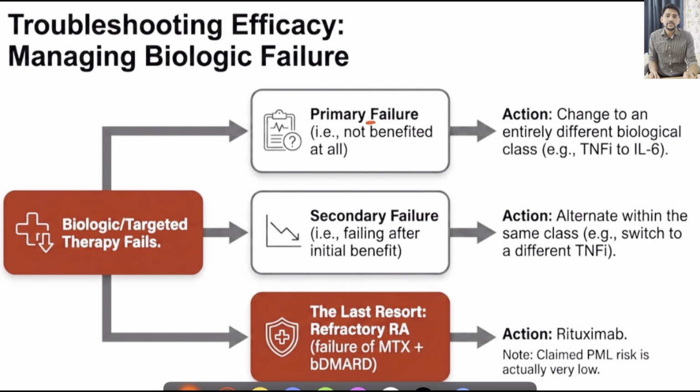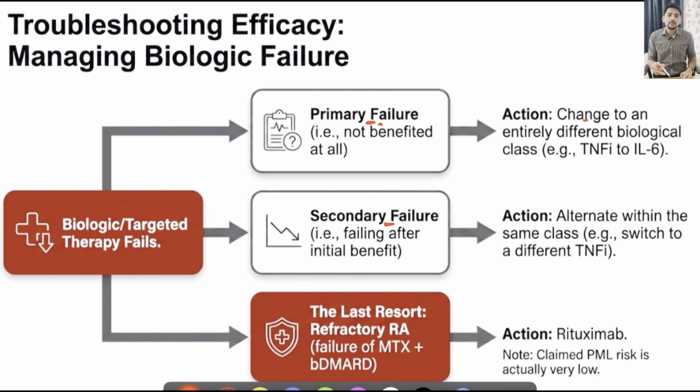If there is primary failure, that is when we have initiated some biological agent there is no benefit seen at all. That is called primary failure. So in that case, we have to change to some entirely different biological agent. For example, you have started with TNF inhibitors and there is no benefit at all. In that case, switch to interleukin receptor inhibitors and all. And the reverse way otherwise.